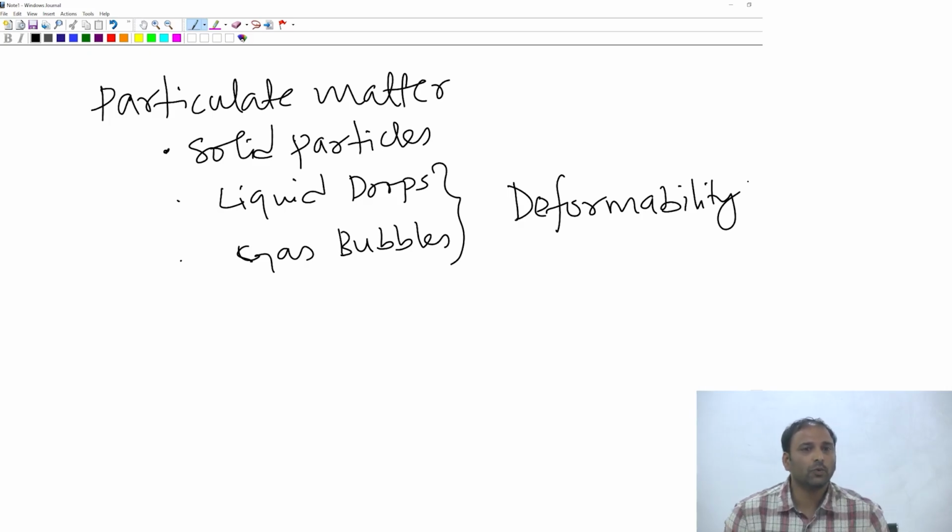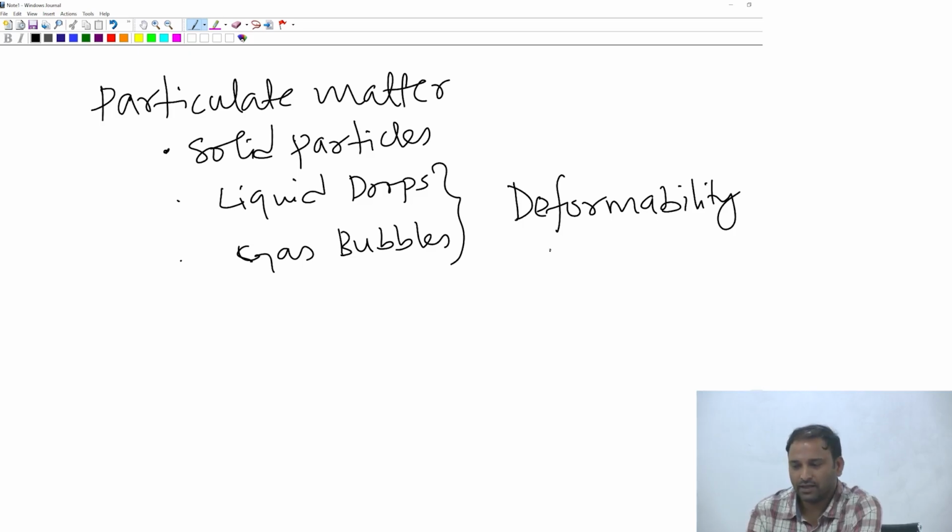Because when you're working with solid particles, under certain conditions you can assume that they will remain rigid and hard, and retain their size and shape during the processing operation. Whereas if you consider liquid droplets or gas bubbles, they could deform.